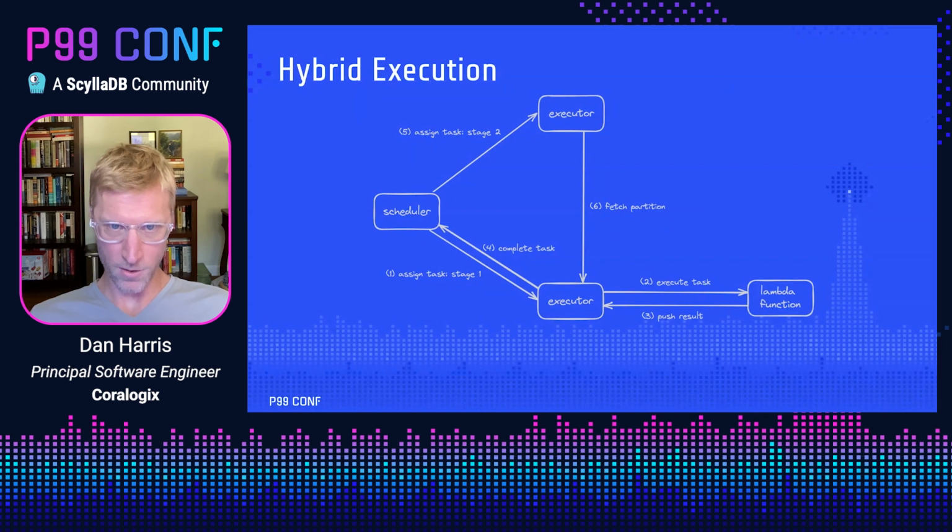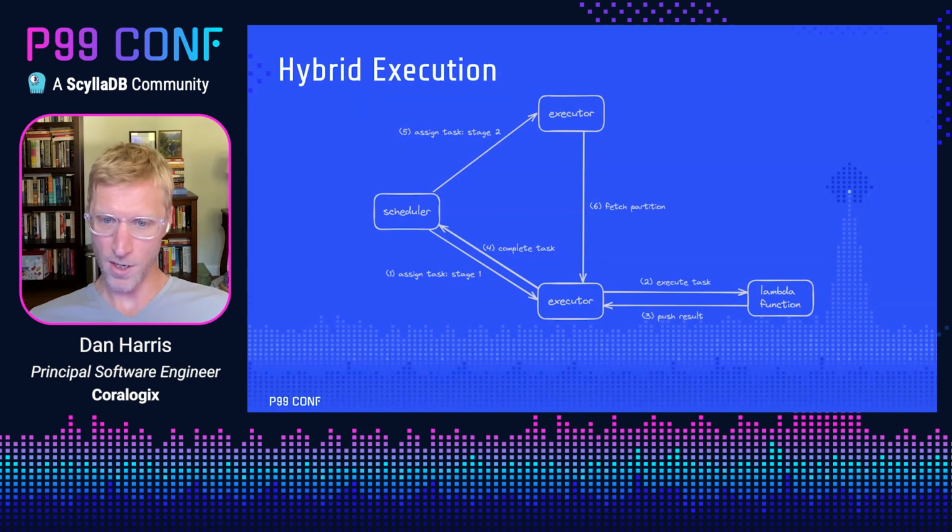And then the stage 2 executor can just fetch the partition from the stage 1 executor, and everything is transparent to the rest of the system, and works the exact same way whether the task was executed locally or not. And because we still have the executor, we still require that physical infrastructure for the executor that does the dispatch.